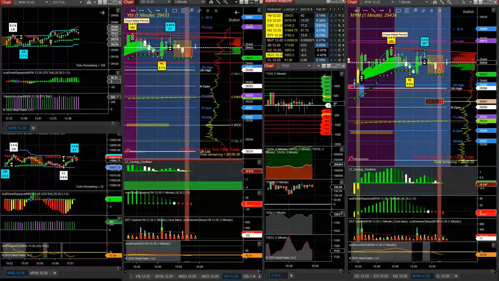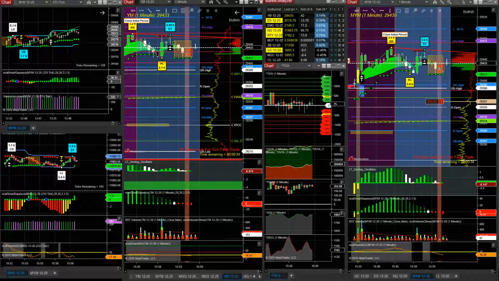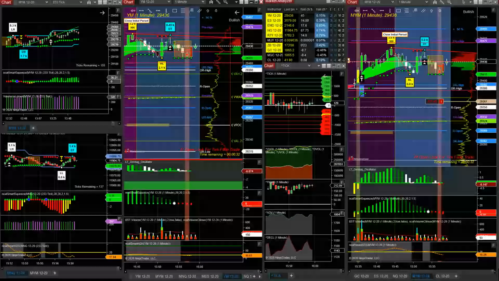The market is gonna close at 4:15, open at 4:30, then trade from 4:30 to 5, and then close for 1 hour and open at 6 o'clock.